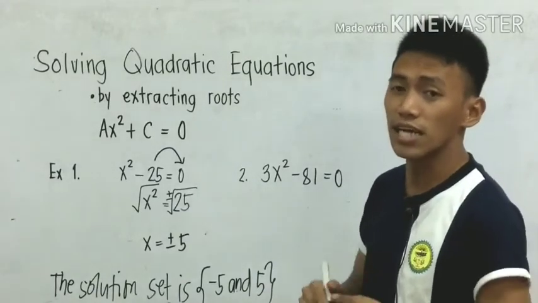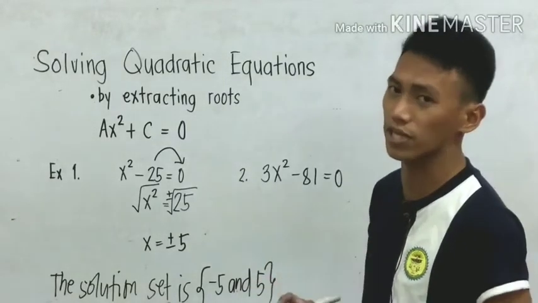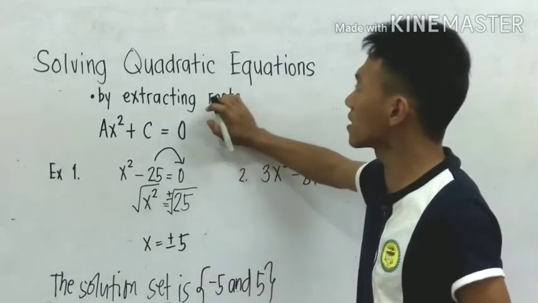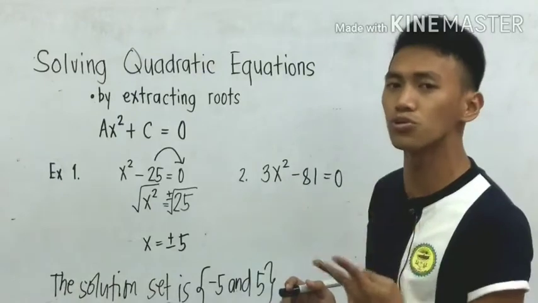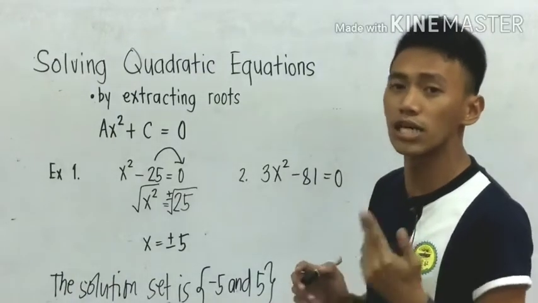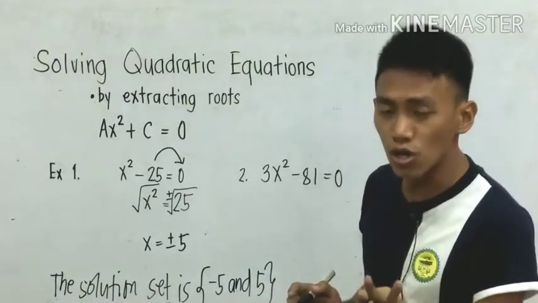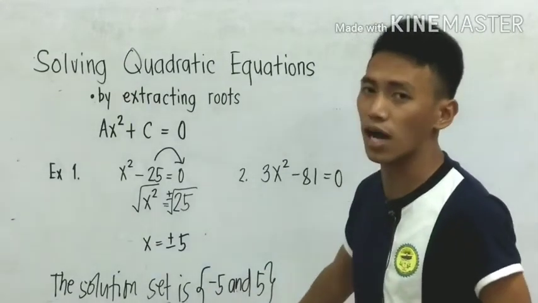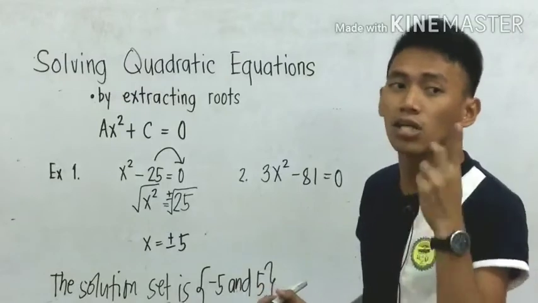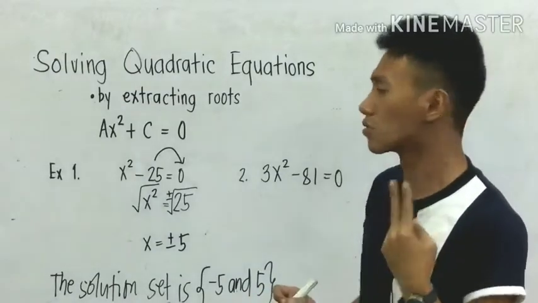Why? It's because it is the solution to your equation. Sa inyong quadratic equations, there are always two solutions or two roots or two zeros. Dili pwede nga tulo, dili pwede nga isa, dapat always siyang duha. Since quadratic man, duha ka buok ang imuhang roots.